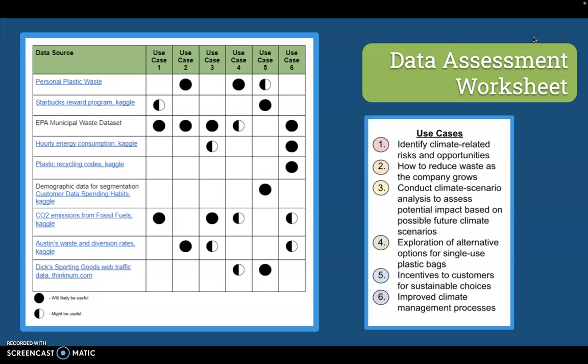So information from Kaggle. Use case 2 has a similar one in the EPA data, but also personal plastic waste and Austin's waste and diversion rates, also through Kaggle.